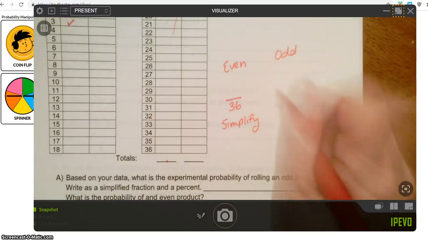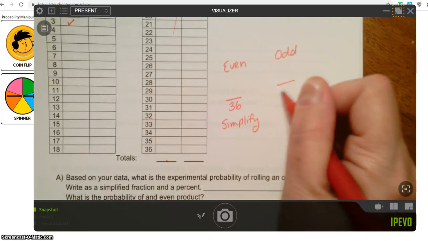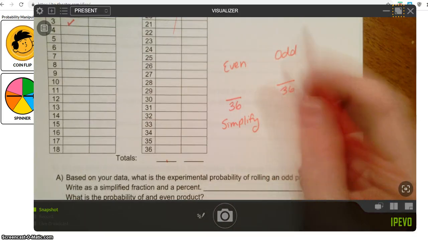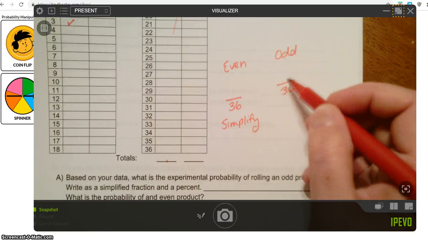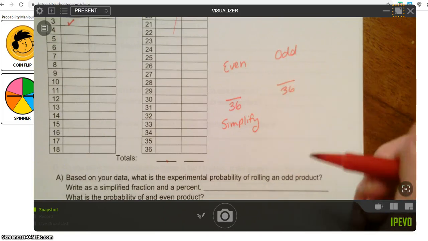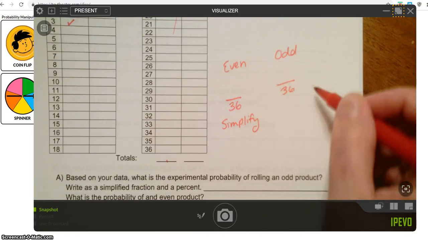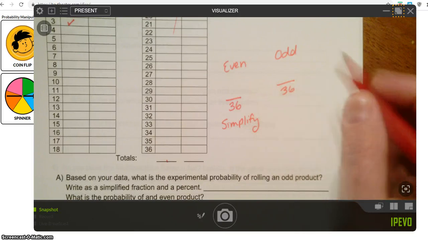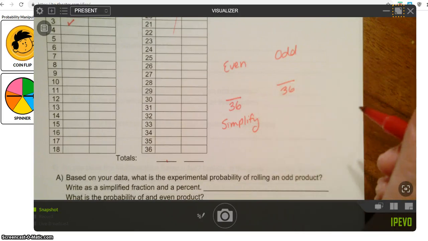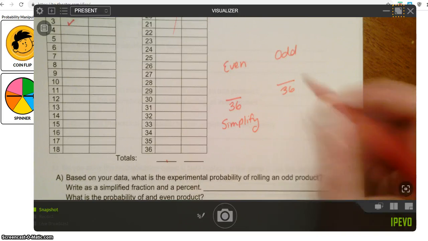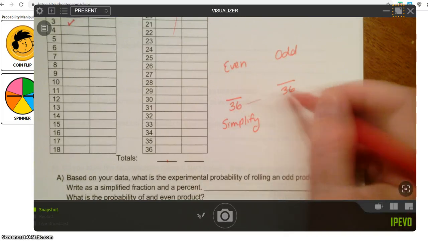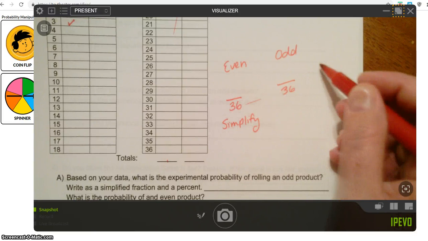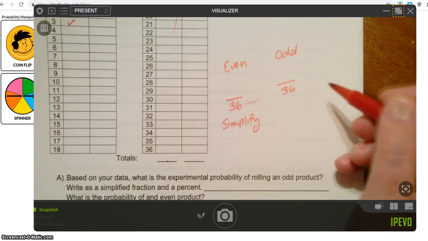How many odd did you get out of 36? Okay? However many odd, put that here and simplify. Officially, guys, when you add up each fraction, guess what that's going to equal? Hopefully you know it's going to equal 1 whole. Now, depending on what you use for your denominator, if I don't simplify it, it should get 36 out of 36 if I did it correctly.